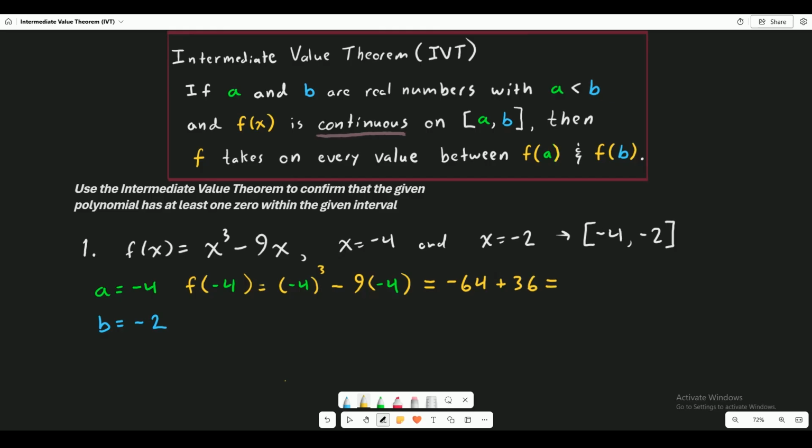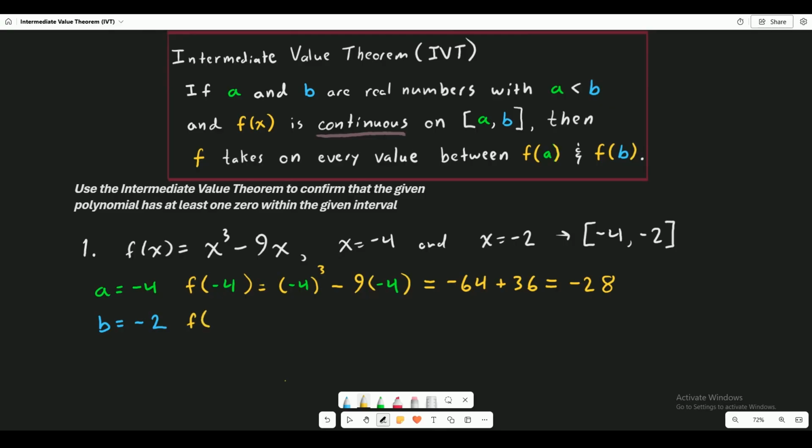So -64 plus 36 is -28. Boom, right there. So we have our f of a value, and we have negative. In order for it to have at least one root, f of b must be positive. Okay? So now let's solve f of b.